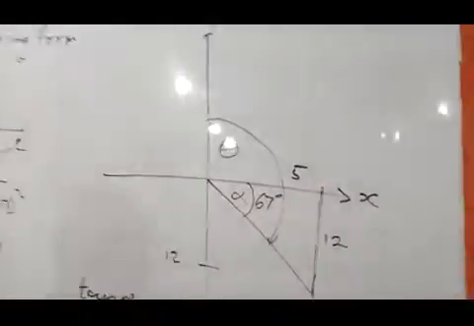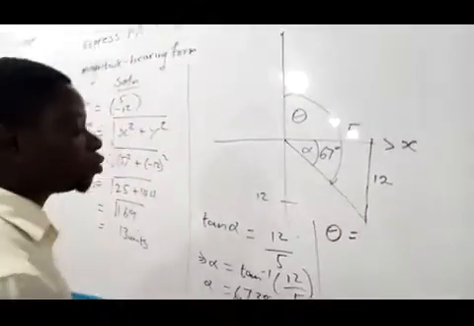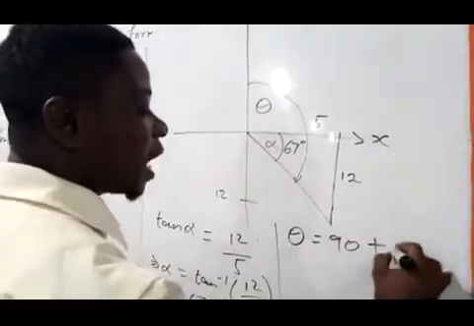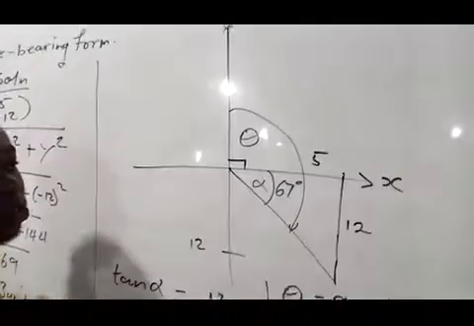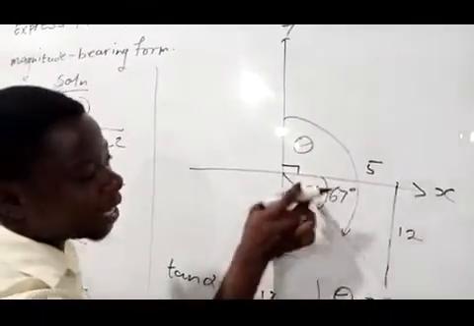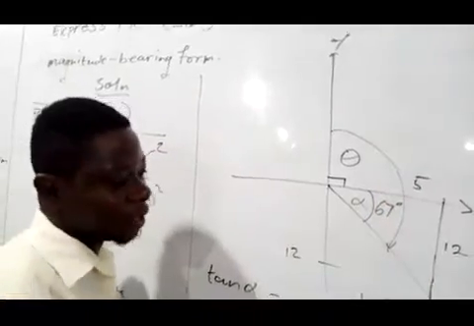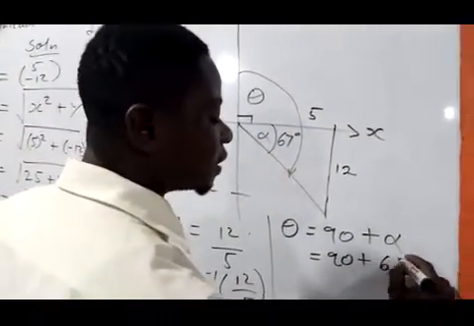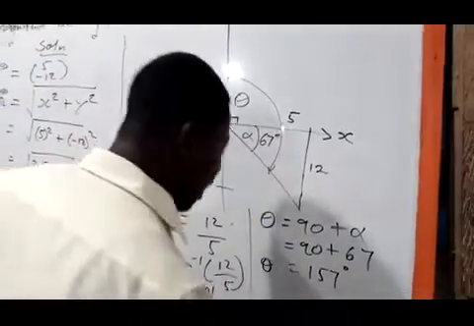So theta is equal to 90 plus alpha. Why? Because we have the whole of this to be 90 degrees, and we have been able to find this angle. So when we combine this angle with the 90 degrees, we can get the whole of that angle. So this is equal to 90 plus 67. So we have 157 degrees as our bearing.